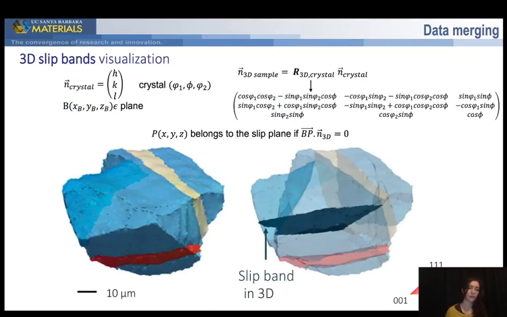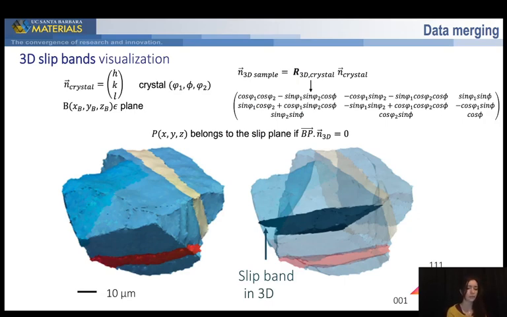Now that we know the slip plane coordinates, we actually know the plane normal to the slip band in the reference frame of the crystal. So we know its HKL indices. And we can then project the exact location and 3D orientation of every single slip band in our dataset. All we need for that is to rotate the slip band normal, so these HKL vector indices, to our sample reference frame using a simple dot product involving a rotation matrix.